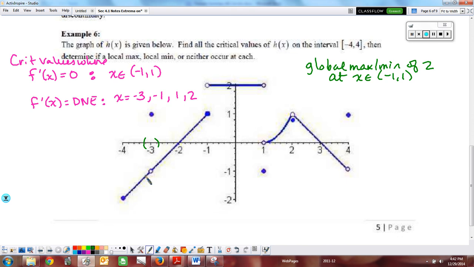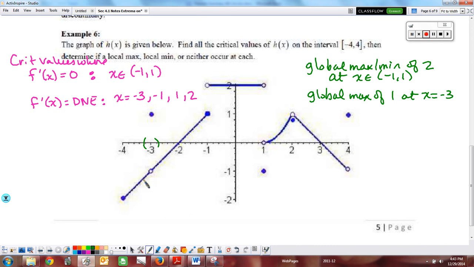So that would be a global max. There are none higher in an open interval that I select around this. And it's any open interval. If I can get any open interval for which there are none higher, then that's a global max. So we have a global max of 1 at x equal to -3.